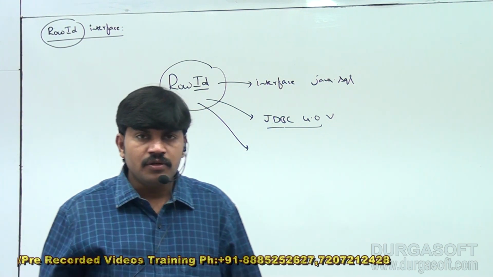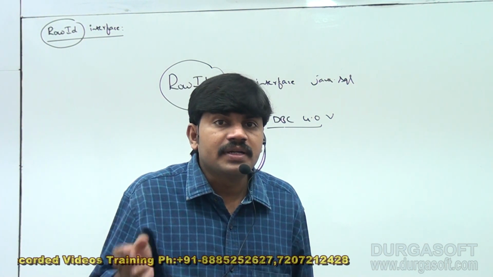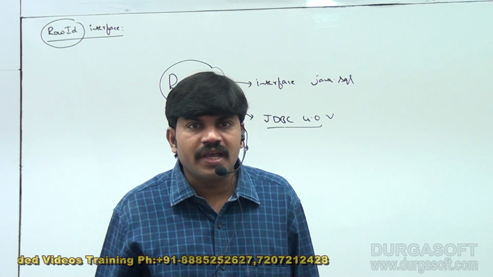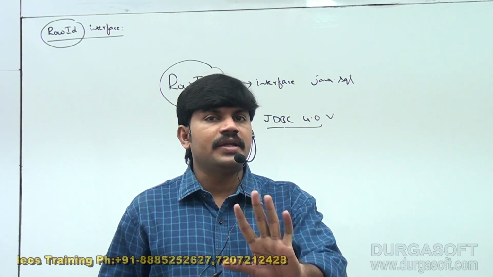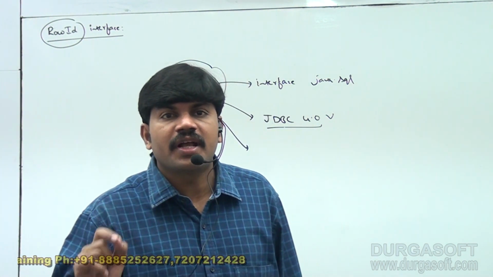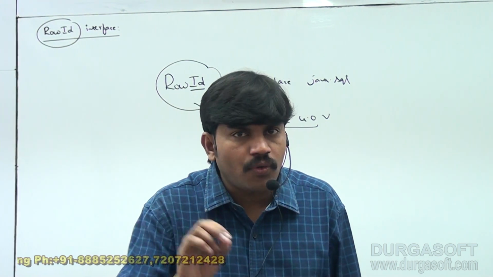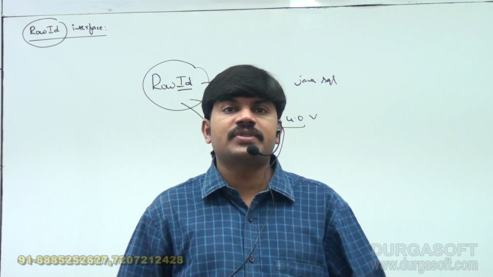What is row ID? Very simple. For every row, the database engine is going to associate a unique ID, which is nothing but the row ID. For every row, a separate unique identifier is associated by the database.